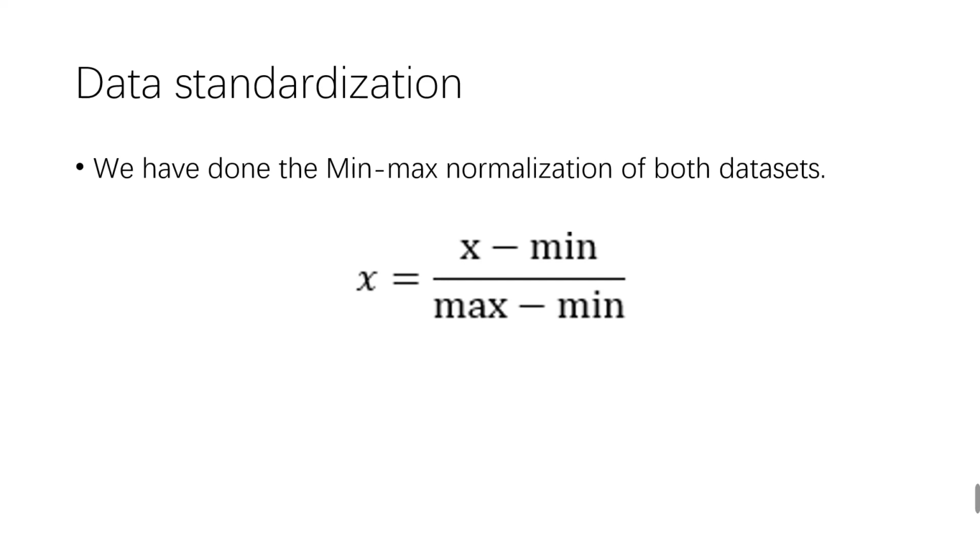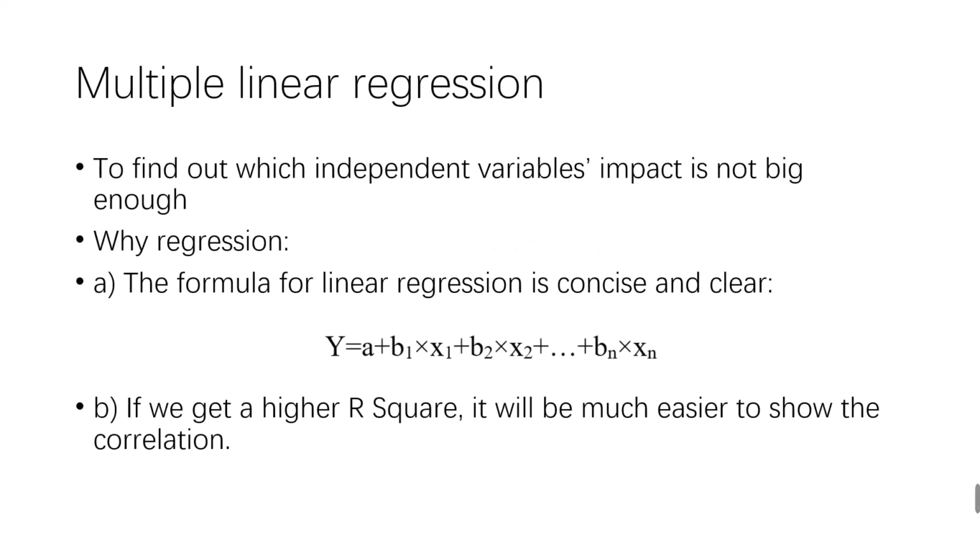The first method is data standardization. We have done the min-max normalization of both red and white wine data sets, and the formula is as follows. And the more important part is the multiple linear regression. It is just to find out the relationship between the independent variables and the dependent variable, quality.